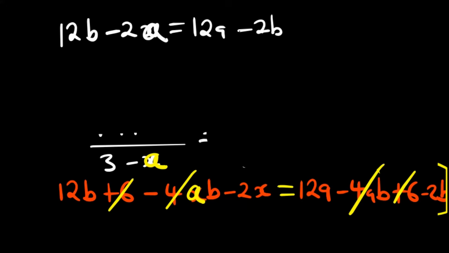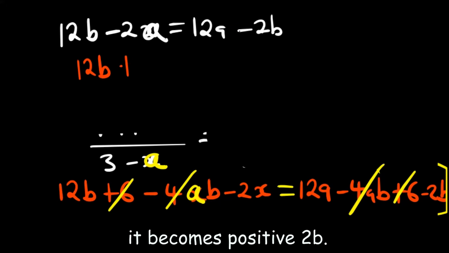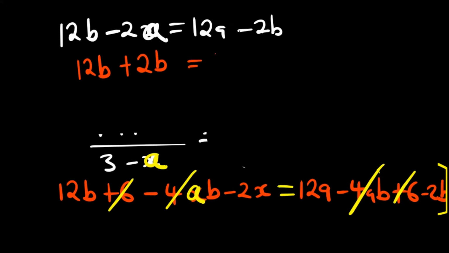So I'm going to take the negative 2b to the other side. I'm going to put the like terms together. This side I'm going to remain with 12b. When the negative goes on the other side, it becomes positive 2b. This will be equal to 12a. When the negative 2a goes on the other side, it becomes positive 2a.